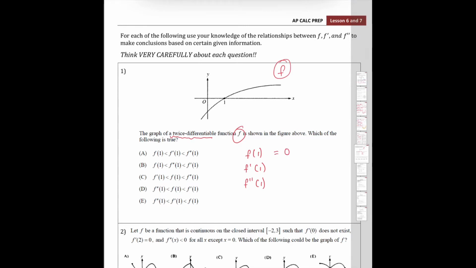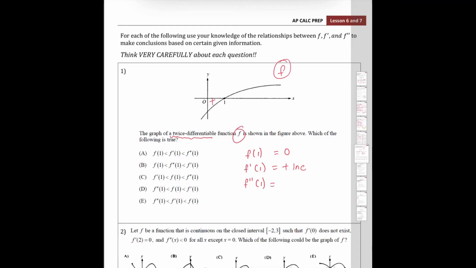So since this is my original graph, f of 1 is what? 0. Now I'm going to use my knowledge of my first derivative and second derivative to determine what f prime of 1 and f double prime of 1 would be. For f prime of 1, if you look at this, the slope is what? Positive, right? So your f prime of 1 is going to be some positive number.